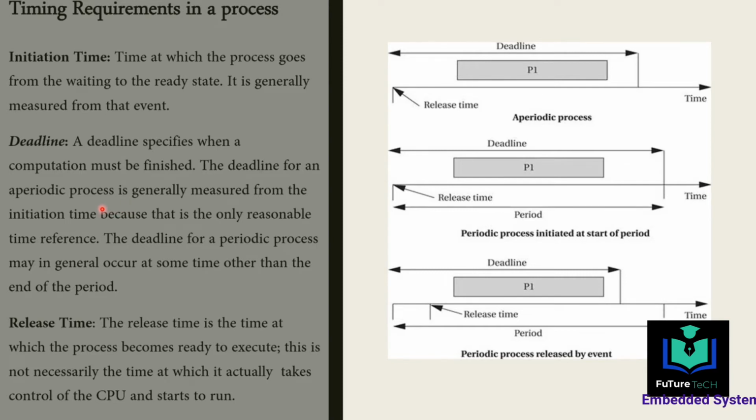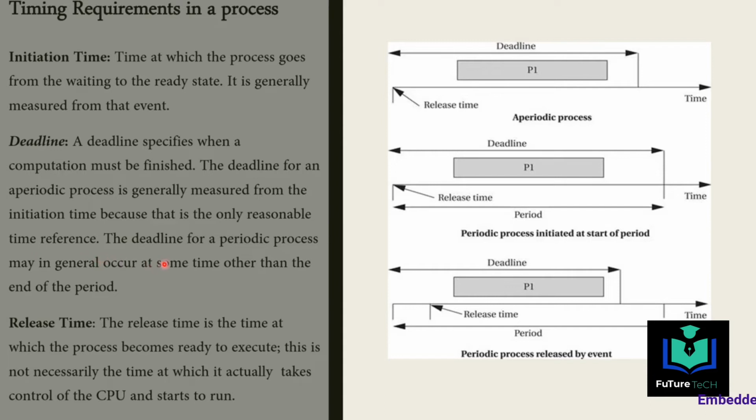A periodic process purely depends on the time. Aperiodic is not time dependent. A deadline for an aperiodic process is generally measured from the initiation time, because that is the only reasonable time difference. So the aperiodic time starts from where the initiation time is started, and that will be the time reference.